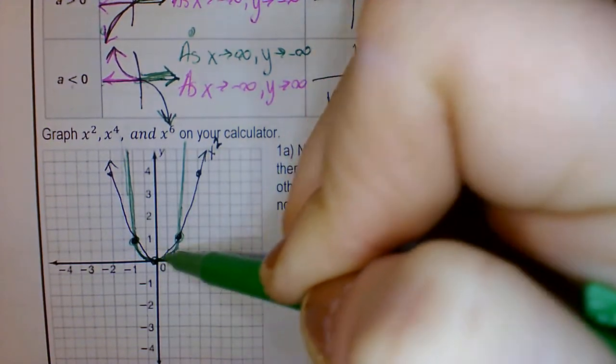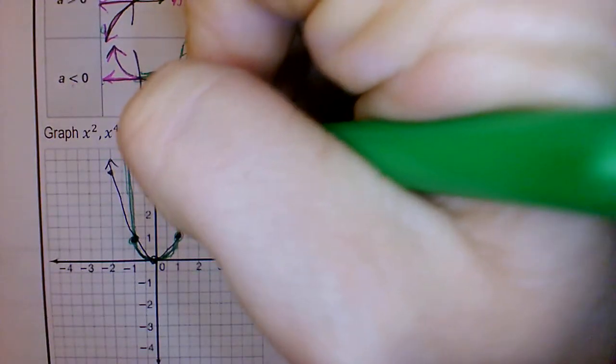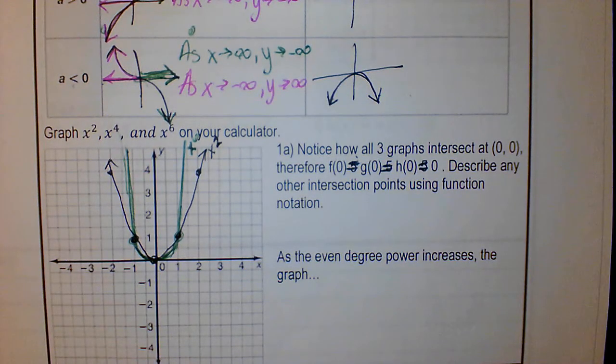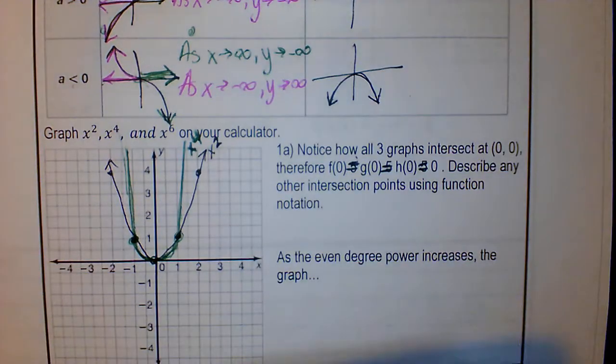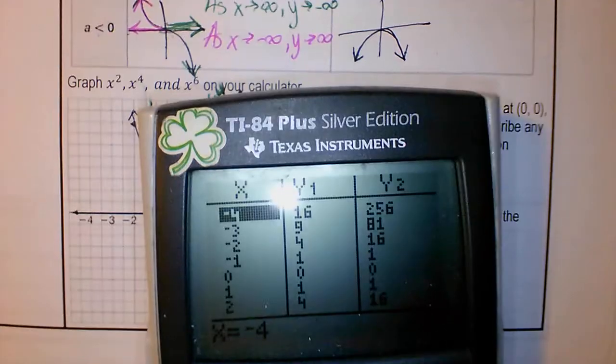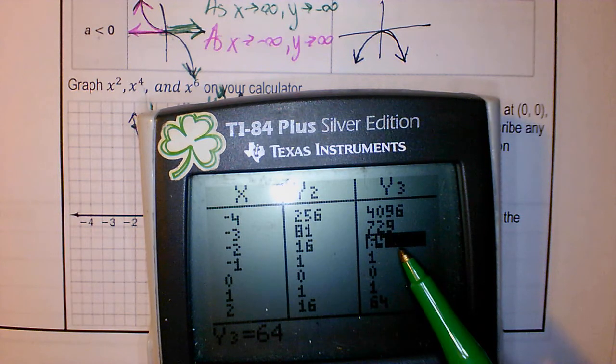There's that guy. Which means that x to the 6 is going to be even more off the paper. I'm sorry, that should be x to the 4th. Yeah, x to the 6, if we look at our table, huge numbers. Like when x is negative 2, we're already up at 64.